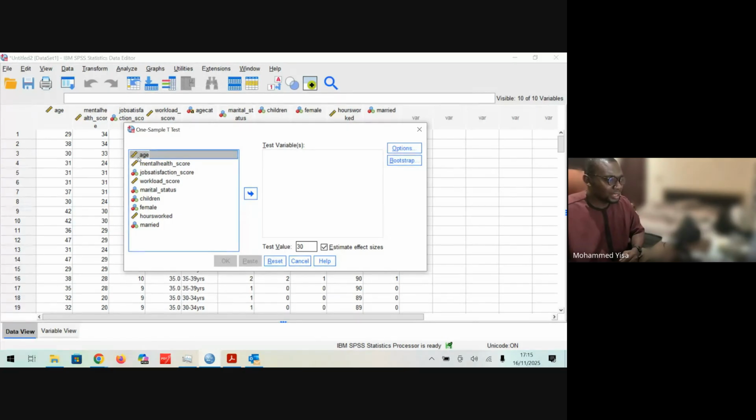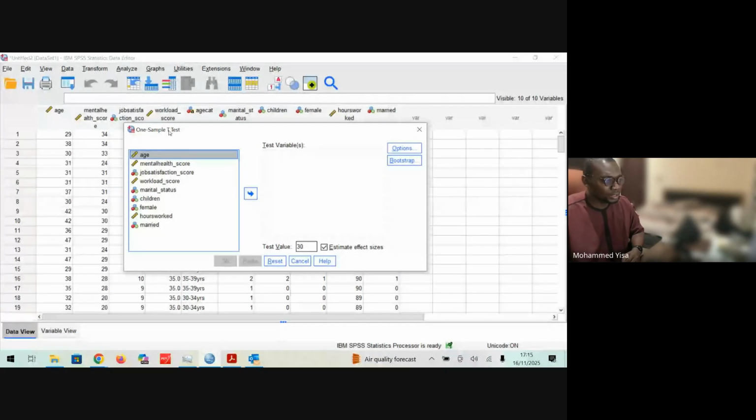When you look at the icons next to each of the variables, you find there are some pictures next to age, mental health score, and some other variables. You have a ruler to show you that these are continuous variables that are measured on a scale, while the ones with different colors, red, green, and blue, like a category, show you that they are categorical variables.